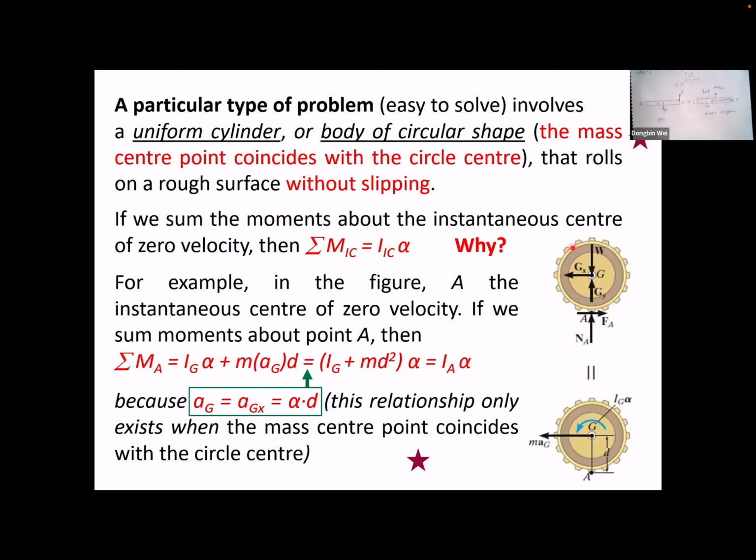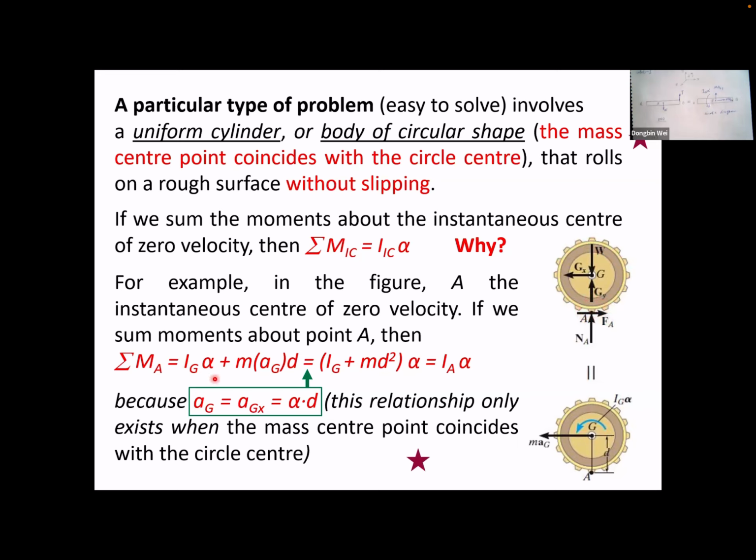Here is a roller of a soil compactor, and we know when it's working, it's undergoing a general plane motion. If we assume at this contact point A no slipping occurs, and we calculate the rotation component using this point A, what will happen?